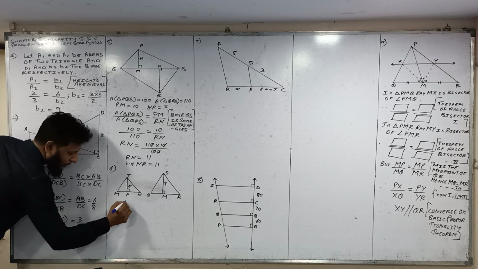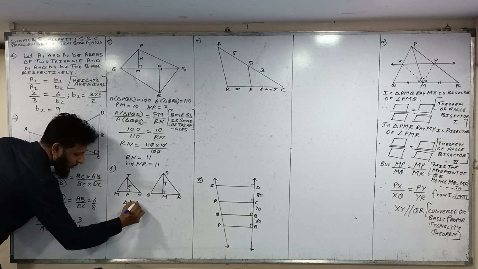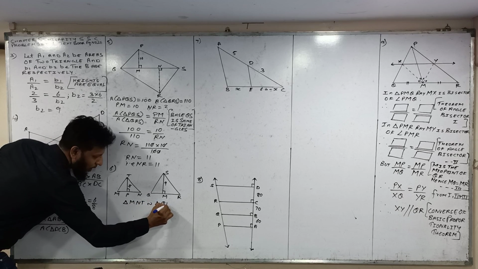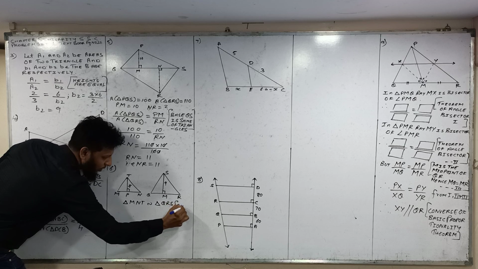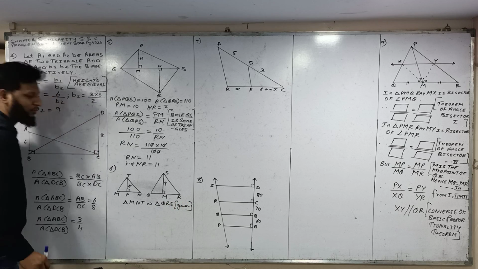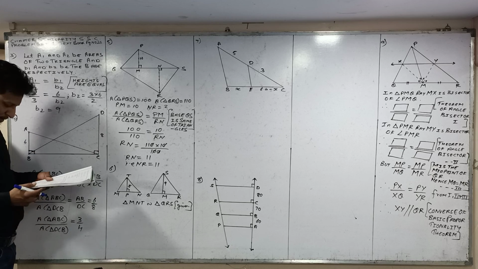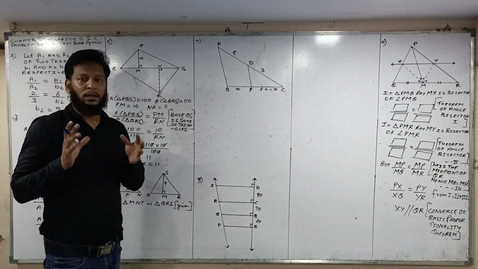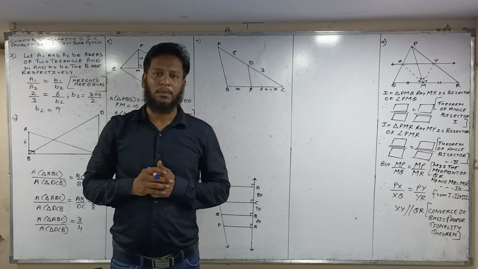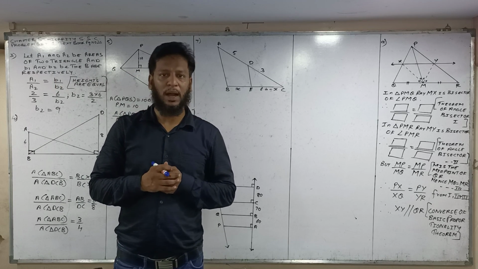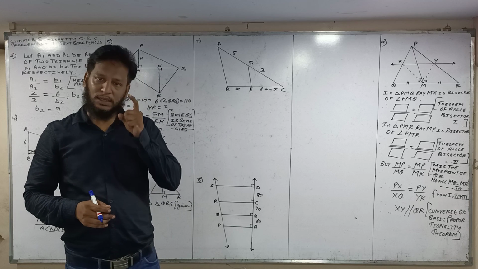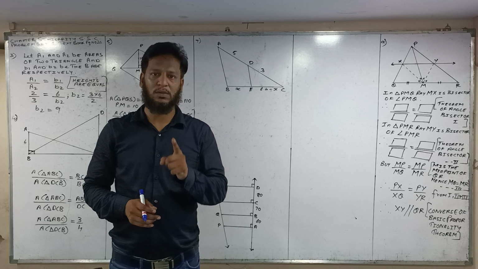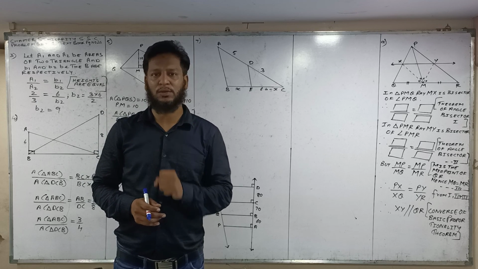Triangle MNT is similar to triangle QRS, given. You have to find out the proportion of their areas. See, very simple. Actually, the area of a triangle is proportional to their corresponding height. We all know that, and it is proportional to their height square also, side square also, and median square also.